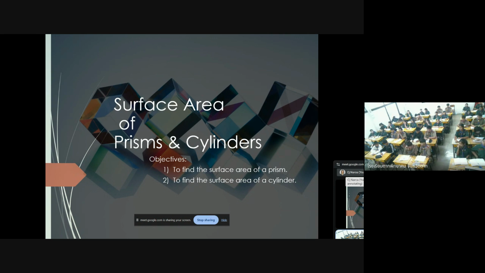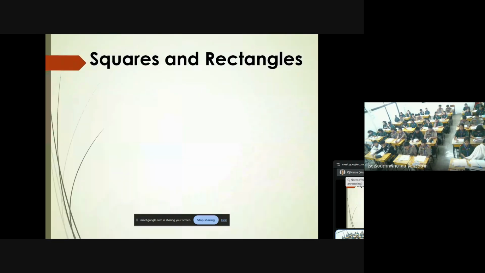All right. So now, let us recall the formula for getting the area of rectangle, square, and triangle. Let's start with area of square. Remember in the square, all sides are equal, right?